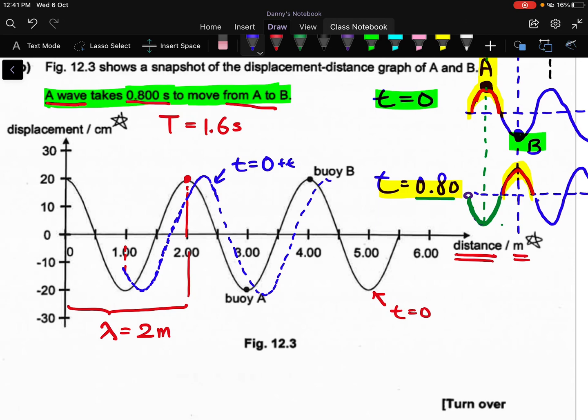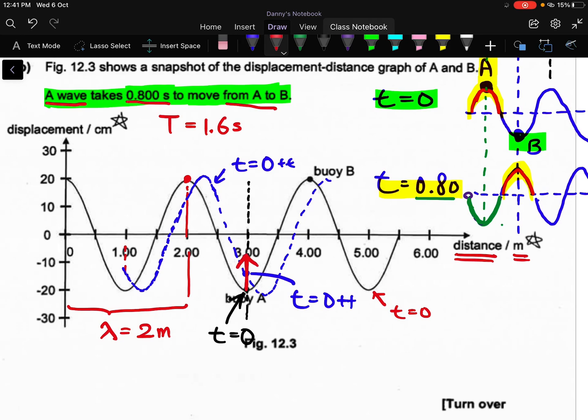So you can see that at this new wave, buoy A will always be vibrating along this black line, right? At this point is where buoy A will be at time equals 0, and this part here is where buoy A will be at time equals 0 plus a little. So my buoy A has to move up, right?